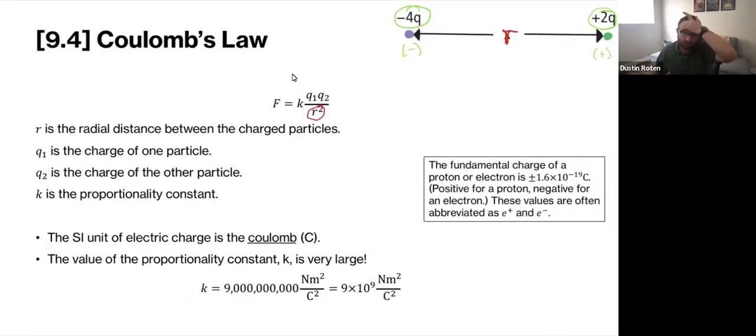Okay. So the first one, q1, is the charge of one particle. So that's going to be negative 4q. q2 is going to be positive 2q. And then K is essentially just a proportionality constant here.